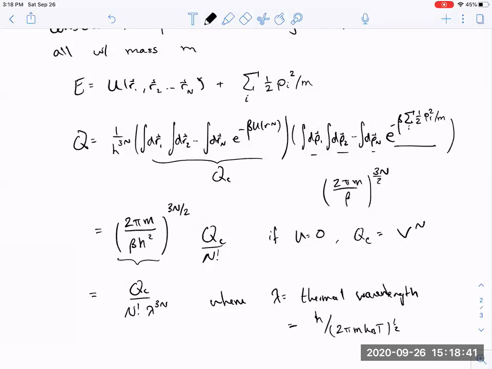Q is dimensionless. It just counts the number of microstates. If QC in the limit that U is 0 is just a volume to the n, then I need units to cancel out those units of volume, and those are given to us by the thermal wavelength.